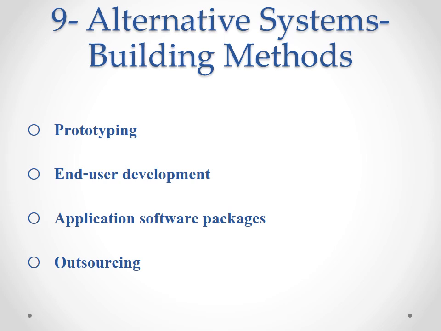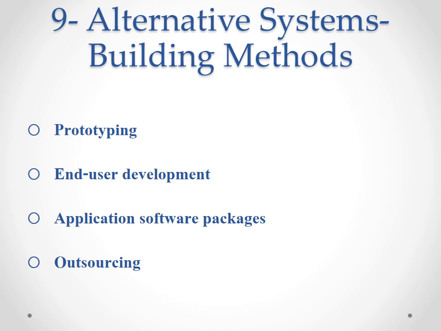A series of software tools categorized as fourth generation languages makes this easy for the end user to do. Development of information systems can be done in this way by end users with no help from the technical team.